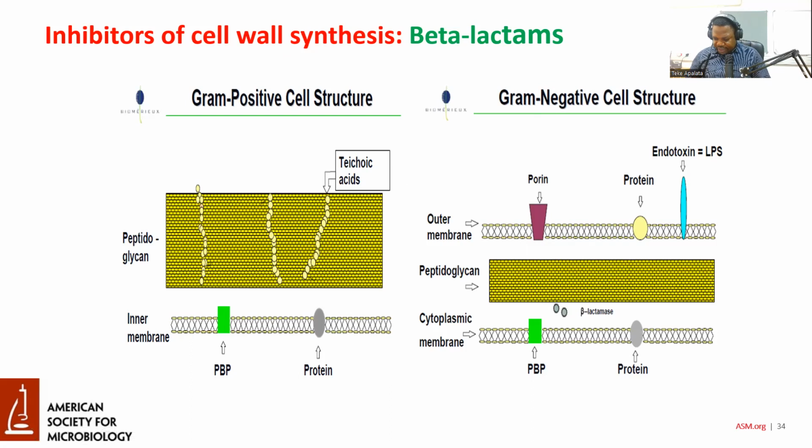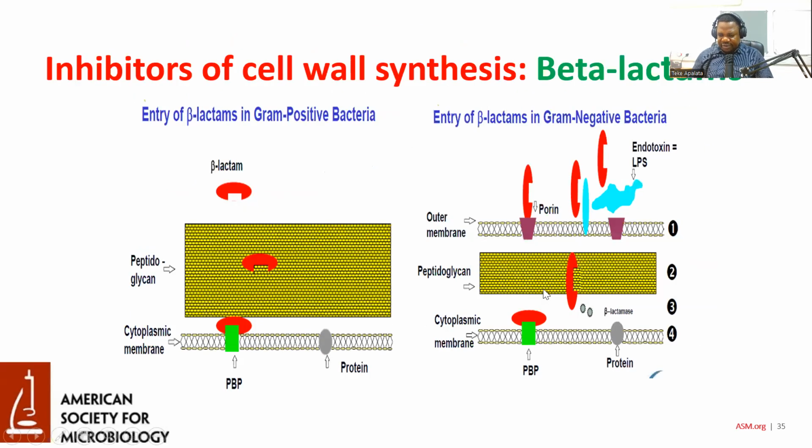This is one of the reasons why glycopeptides cannot be used against gram-negative bacteria: they are large molecules and cannot pass through the porins. So in a gram-positive bacteria, you have a molecule.